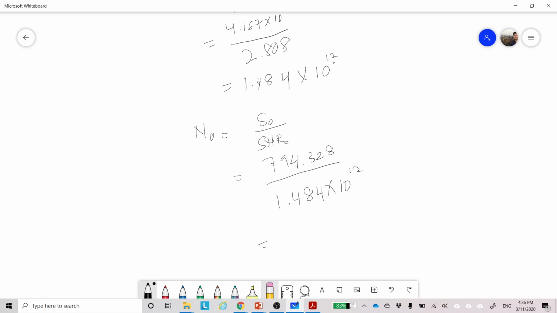So berapa ini? Cuba kira. So 794.328 dibahagikan dengan 1.484. So you akan dapat 5.353 kali 10 kuasa negatif 10.